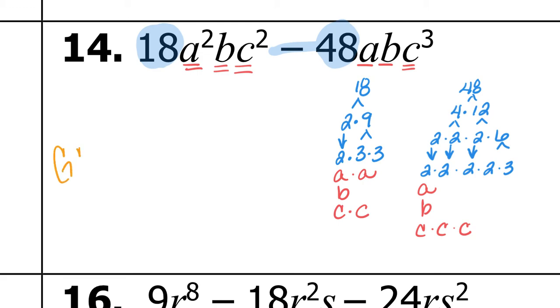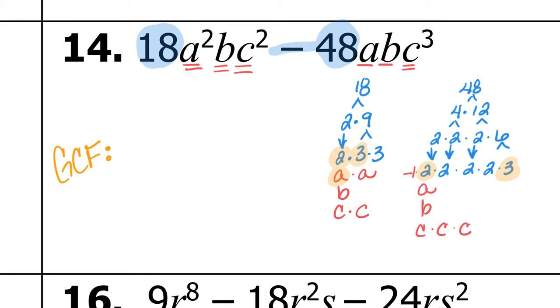So my greatest common factor, again, is the monomial, or one term, that can be found in both of these. And I want to remind myself that that 48 is negative, so I'm going to throw a negative in there and start looking for what they have in common. Well, they have the number 2. They have a number 3.